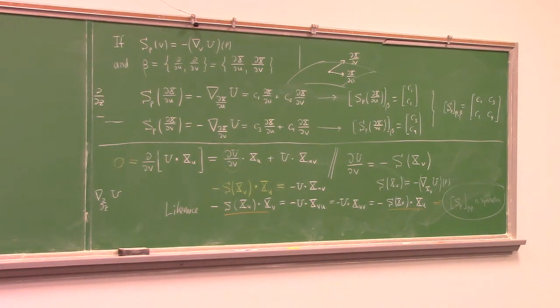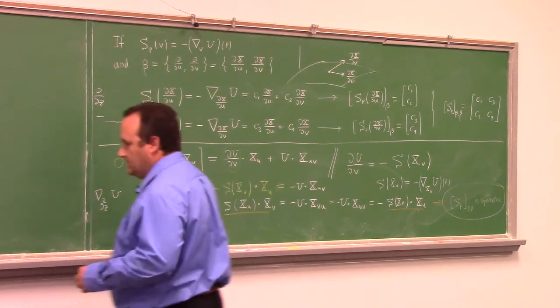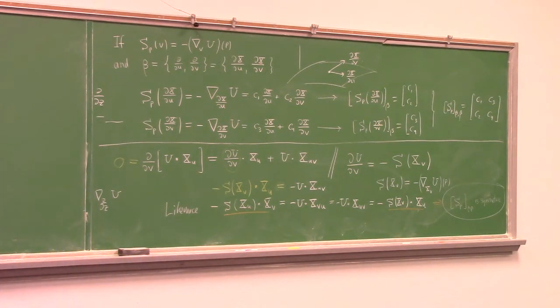Remember our formula for covariant derivative? How did it go? V acts on w1, which in this case is x over r.